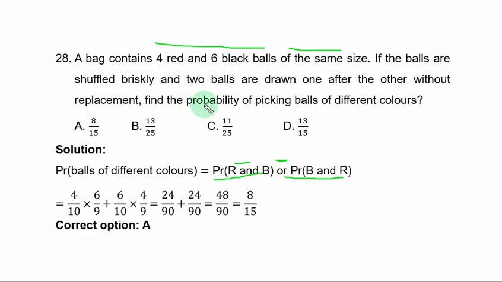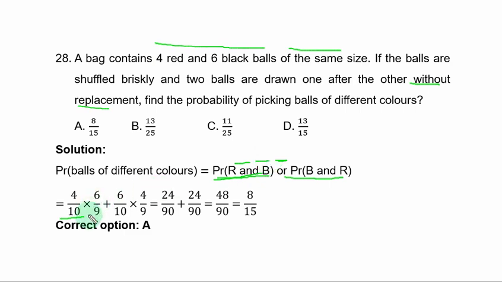Remember, here the condition is without replacement. That means after picking 1 ball, the total will be affected before the next round of picking. So here red balls are 4. At this point the total is 10. So you have 4 over 10 times, before you pick black ball, the total is now 9.